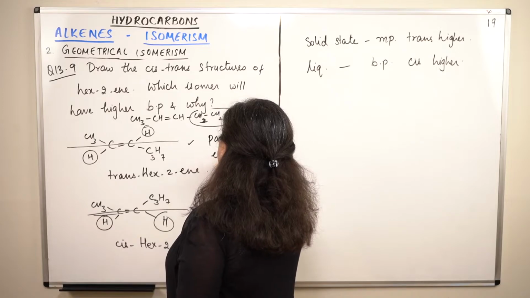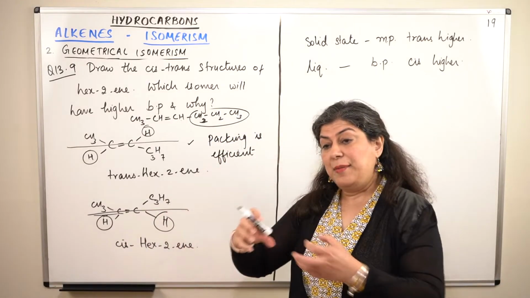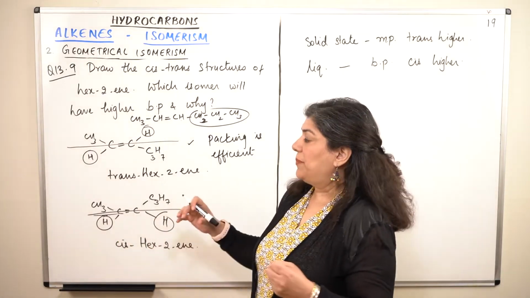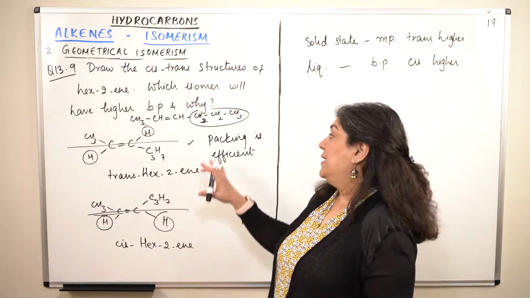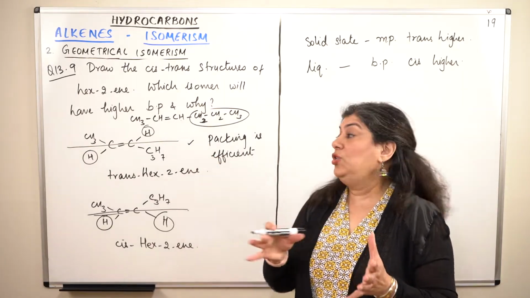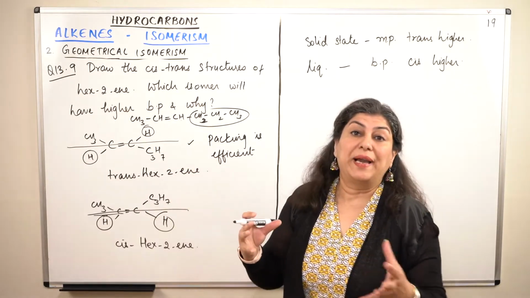Packing is more efficient, and therefore, in order to separate them or make them slip and slide over each other, to turn a solid into a liquid, you will need more energy to undo the packing.